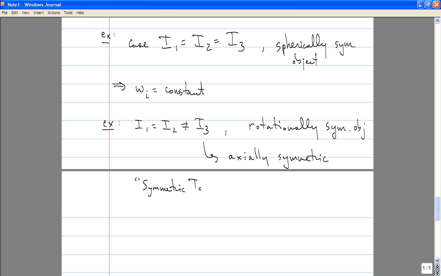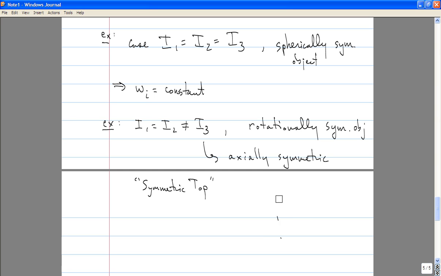So, for example, you can imagine an object which is formed as an object of revolution around some symmetry axis. So, I don't know, we have some blob. Okay, that's not a very symmetric looking blob. We have some symmetric blob, and then we form the blob of revolution by revolving around some symmetry axis. I'm sorry, that's not a very good picture. Let me try and draw a very good picture.